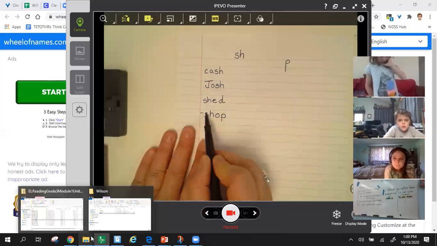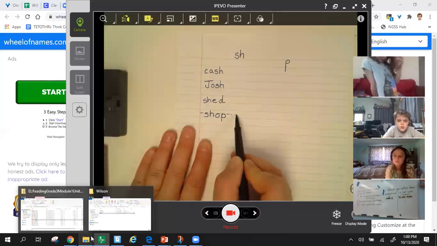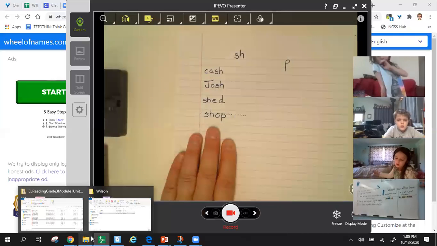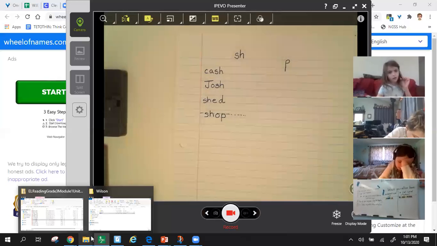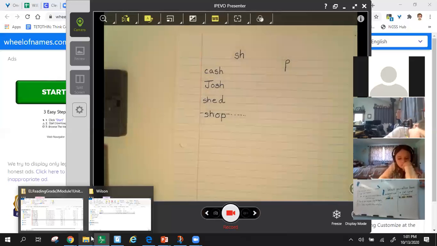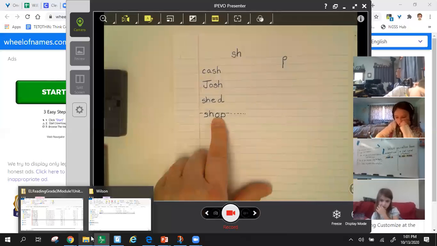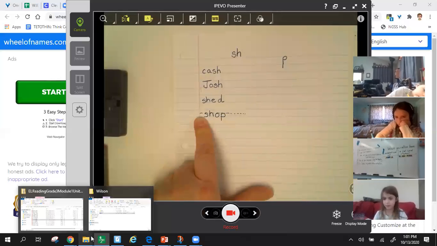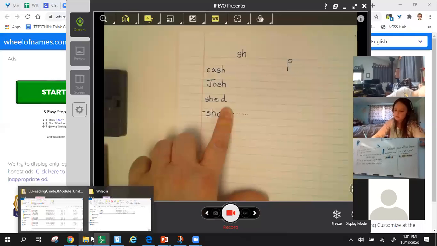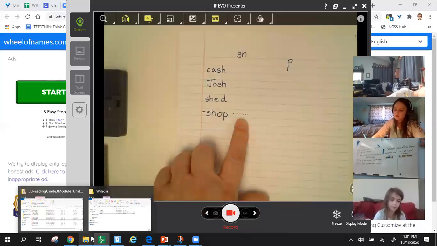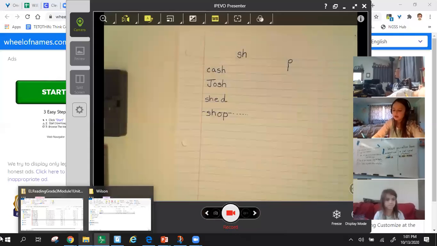It's right on this bottom line. All right, the P should be no taller than the O or the S. It's a lowercase letter that does not reach all the way to the skyline. It's right on that plain line. That P should not go all the way to the top unless it's the beginning of our sentence and a capital, or beginning the name of someone like Patrick.